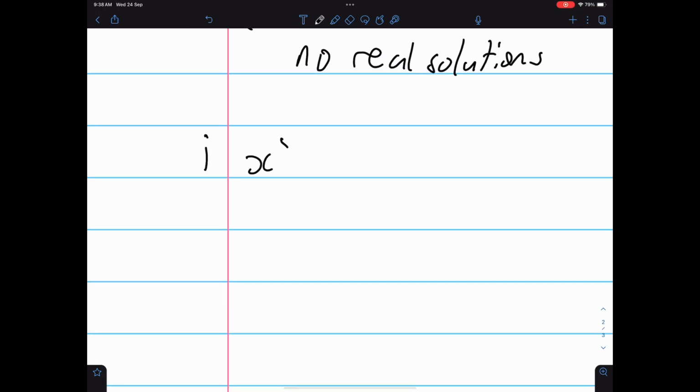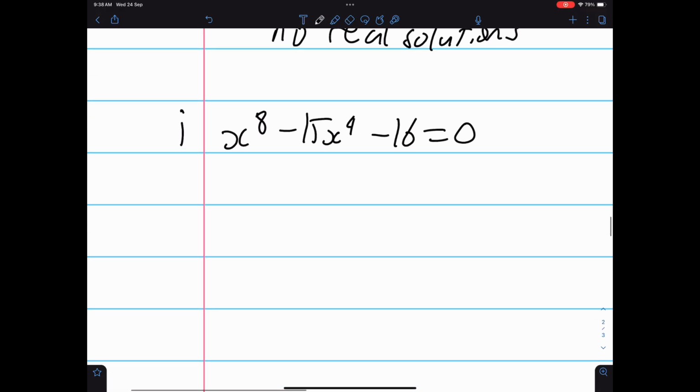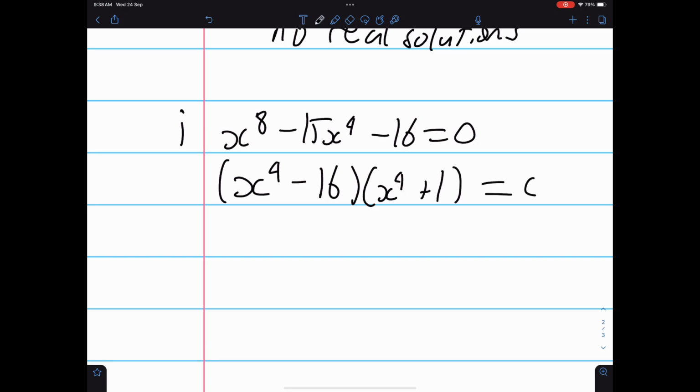x to the power of 8 minus 15x to the power of 4 minus 16 equals 0. And let's factor this. x to the power of 4, we halve that power there, minus 16. x to the power of 4 plus 1 equals 0.